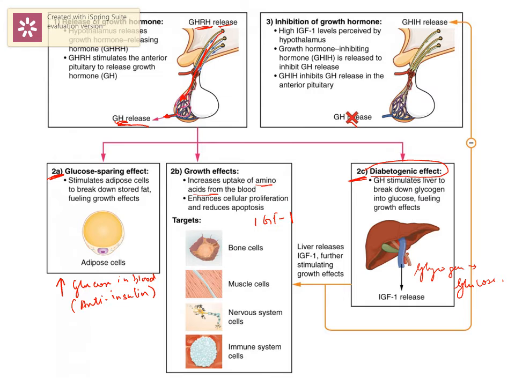So the liver stores glycogen, which is a form of glucose, and growth hormone stimulates the liver to release glucose by converting glycogen into glucose. Okay, so this leads to an increase in blood glucose levels. So we call it a diabetogenic effect.